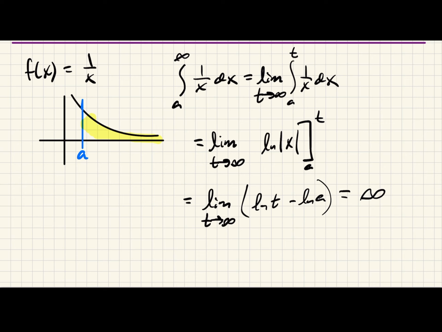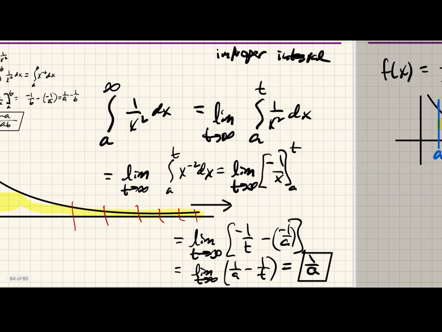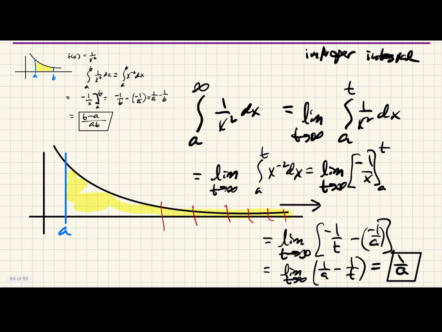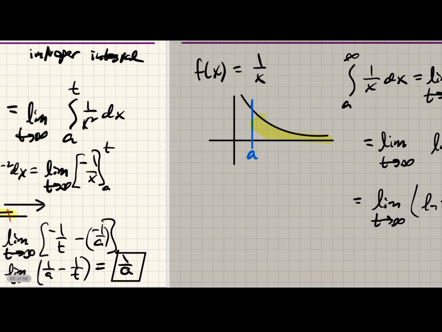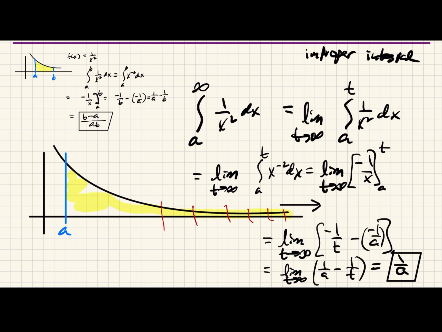1 over x does not give us a finite result at infinity where 1 over x squared does. That's going to be really important. We're going to have some terminology for this, okay?